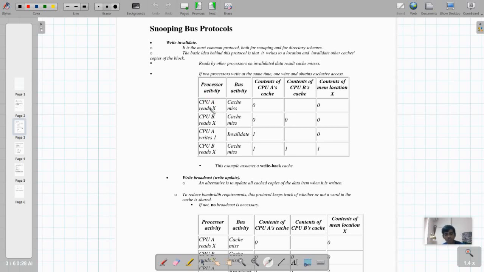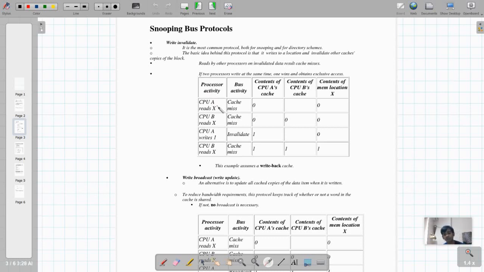Then say CPU A for the time being makes a request for the item which is residing at memory location X. Essentially, here there will be a compulsory cache miss.